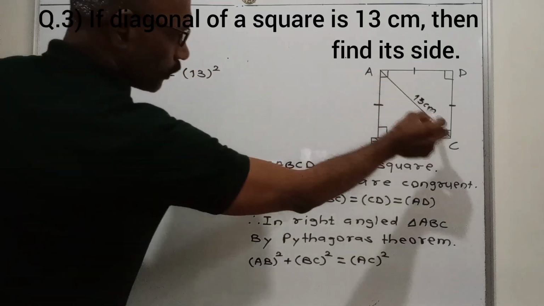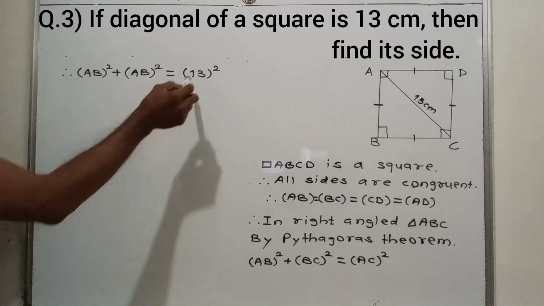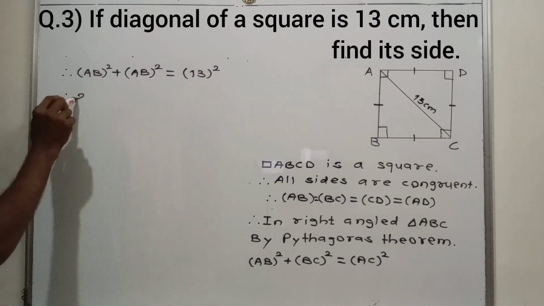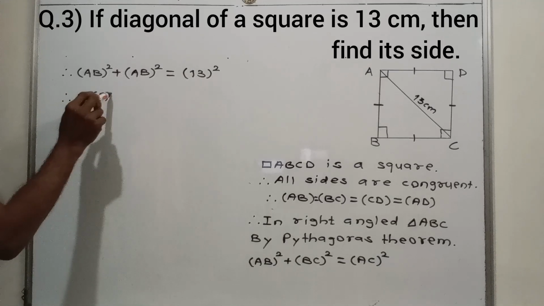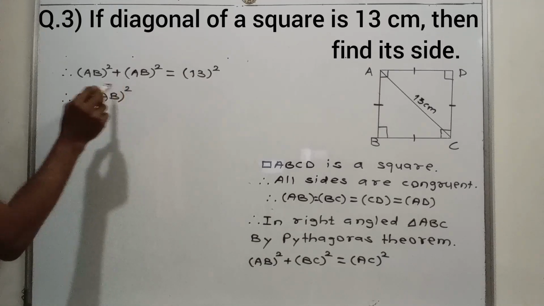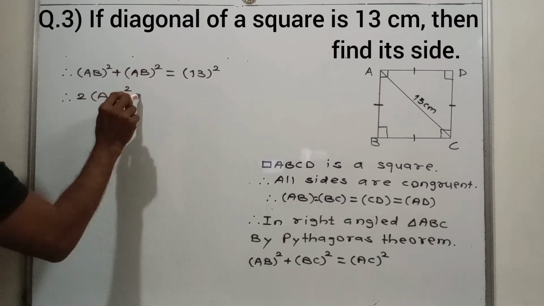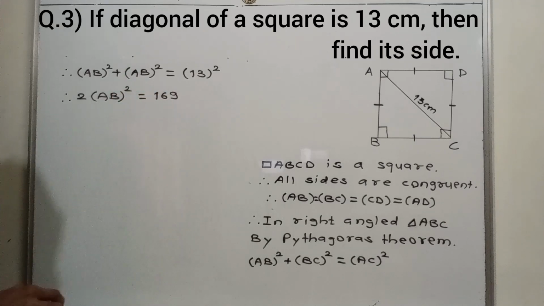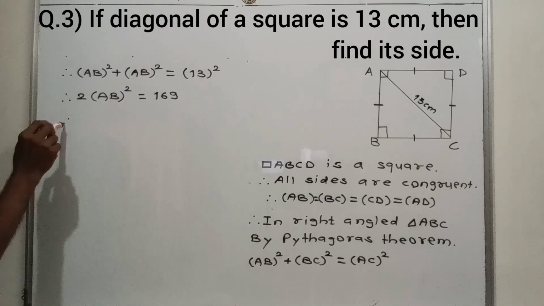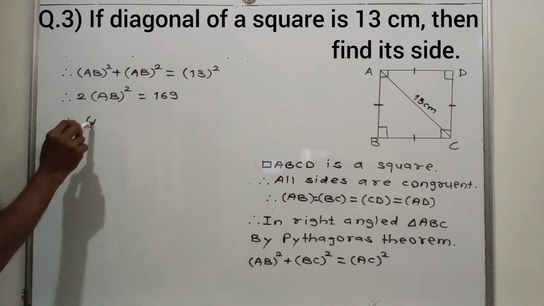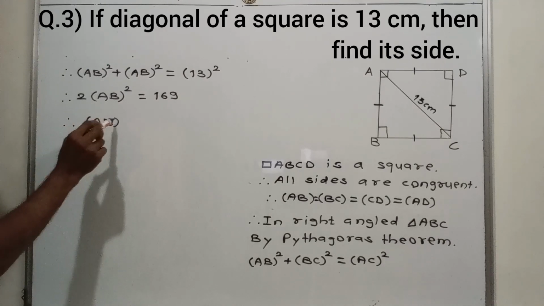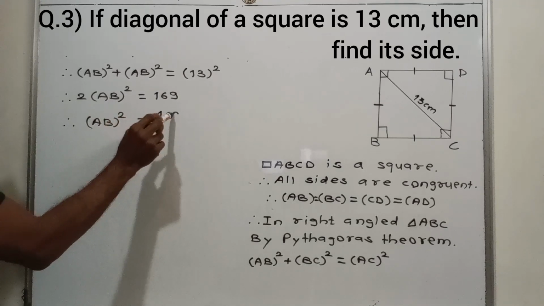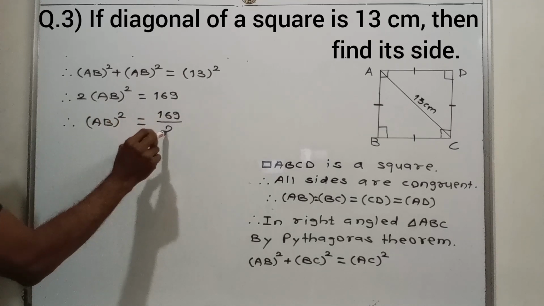13 square, AC value is 13, in bracket square. Therefore here 2 times AB square is equal to 169. Therefore AB square is equal to 169 upon 2.